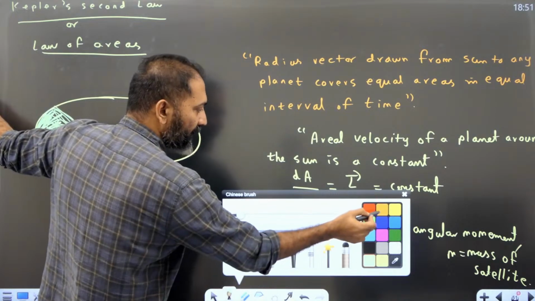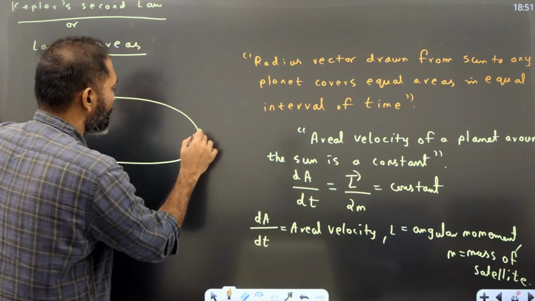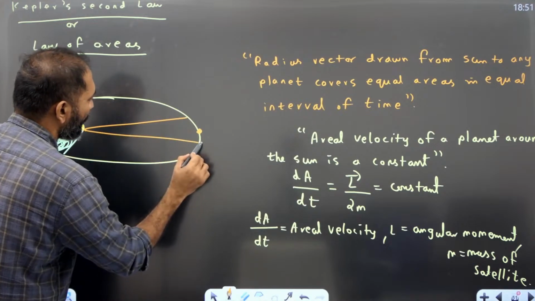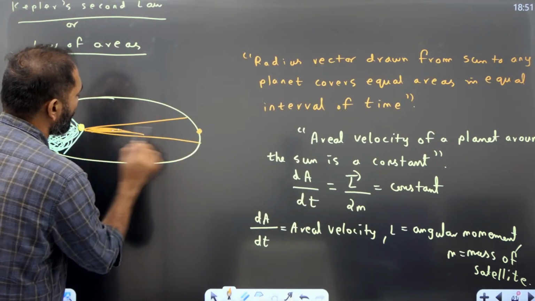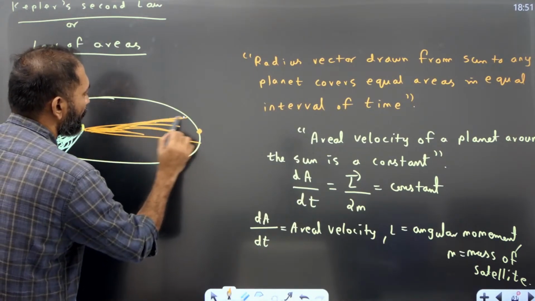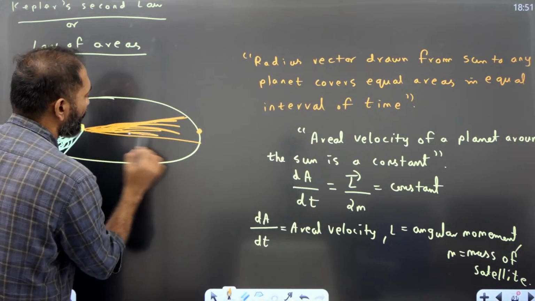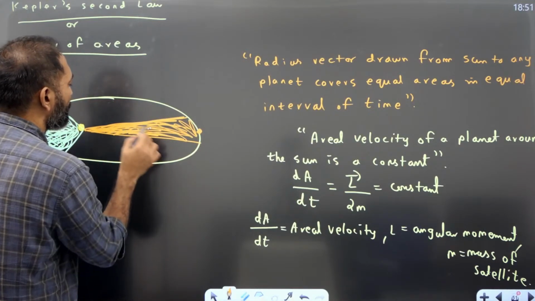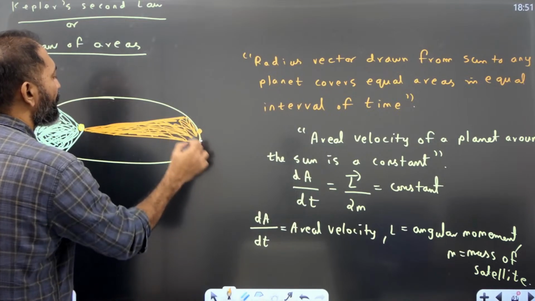Now when the planet is at a faraway point, still the area covered by the planet will be the same. That is the logic here.